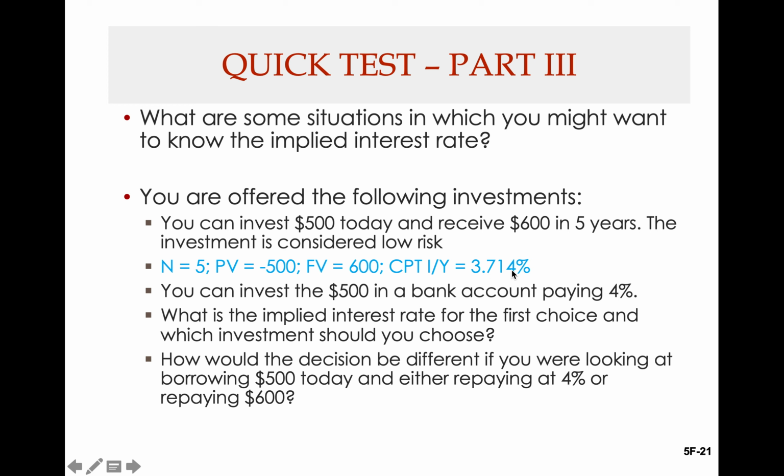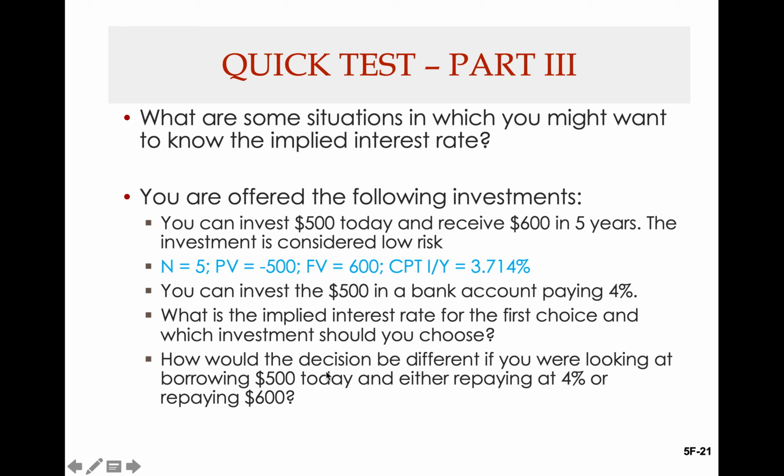Now, knowing the implied interest rate for our first investment, we know that the second investment is better because it pays 4% versus 3.714%. So if you want to invest, the second option of these two options is a better choice to invest.